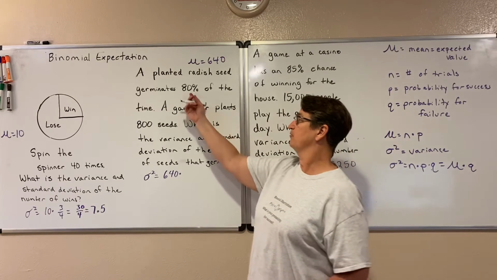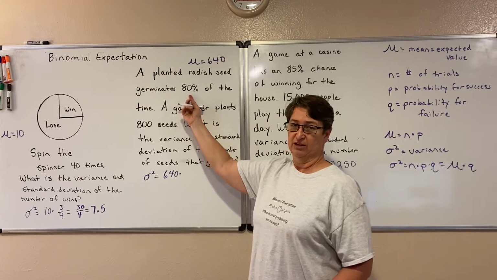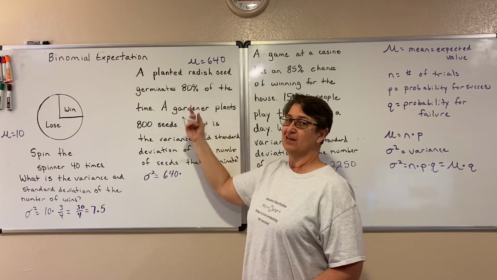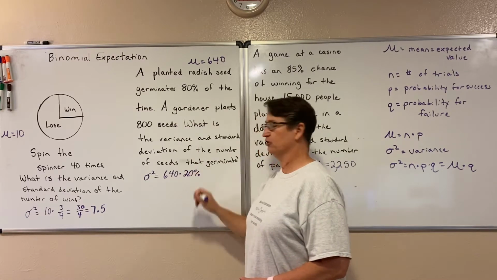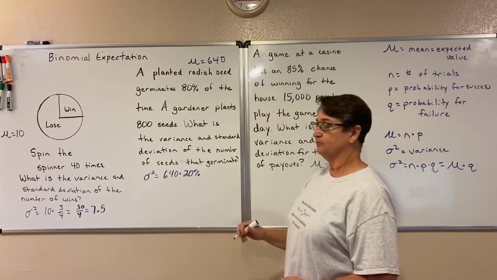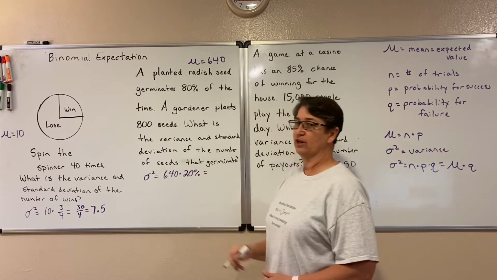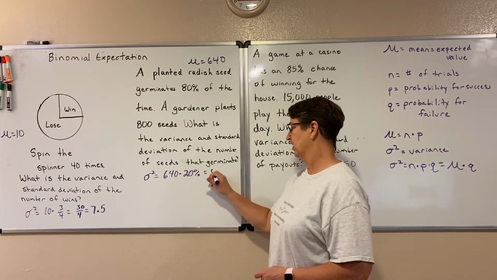Our probability for success was 80%, 100 minus 80 is 20, so our probability for failure is 20%. If I multiply 640 times 20%, I get 128.